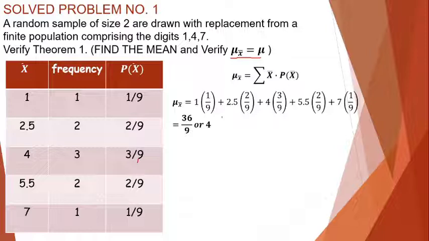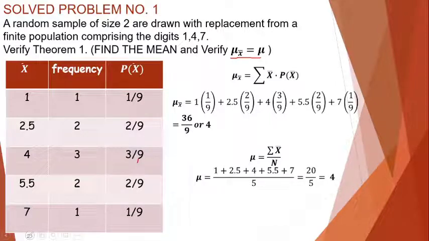Kung i-add nyo lahat yan, ito lang din ang sagot. Population mean here: add nyo lahat ng x's, then divided by the number of population, 5. Ilan ba ito lahat? 5. So, 20 divided by 5 is equal to 4.